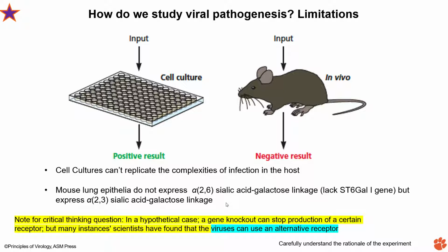Then they find that even after the knockout, the virus can infect. What will be your conclusion? Your conclusion will be that the virus can use an alternative receptor. That's your take-home message: if the knockout doesn't work, an alternative receptor can be used.